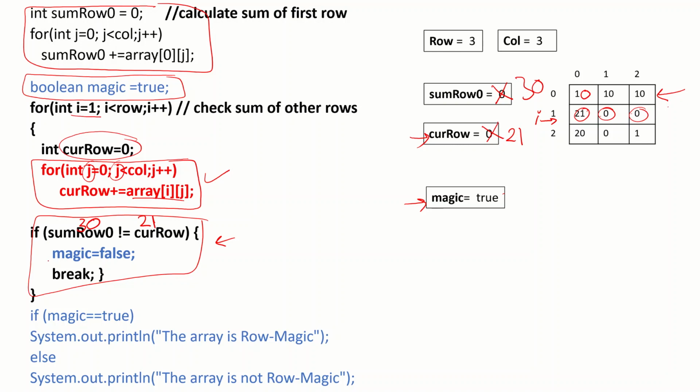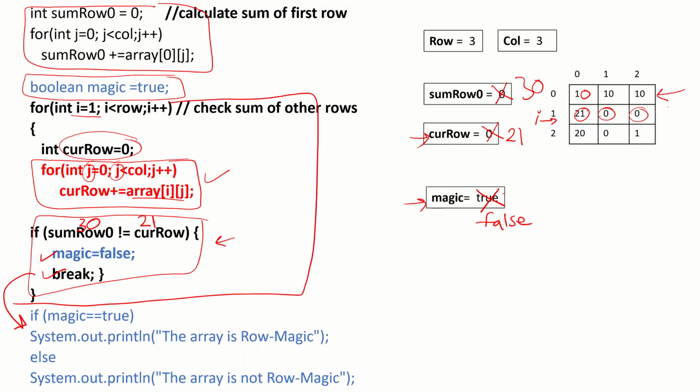So we will change the value of magic to false, which means we found a row that does not have the same summation as the first one, and then we will do a break. A break means just finish your loop and go outside your loop. Remember, these are the boundaries of my loop. So when we say break, it means I'll just get out of these brackets.